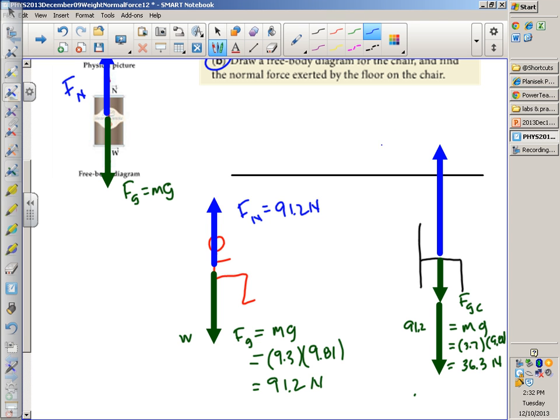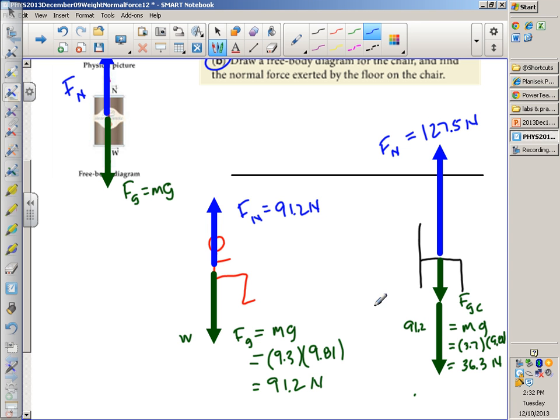That means that we can call this force here a normal force. It comes from a surface, or a table, or a chair, or a floor. Okay? And in this case here, that force is going to have to be 127.5.